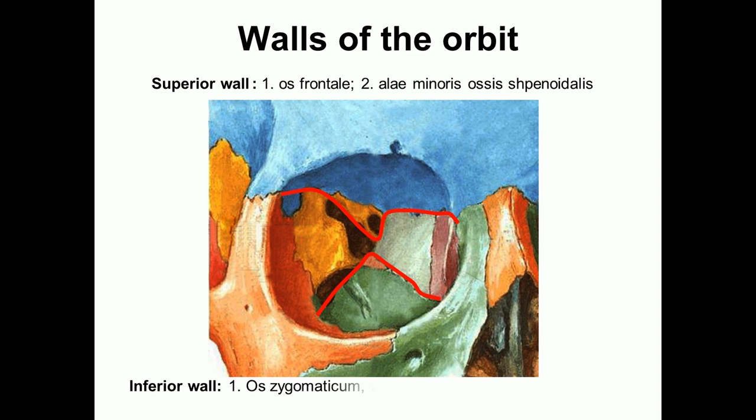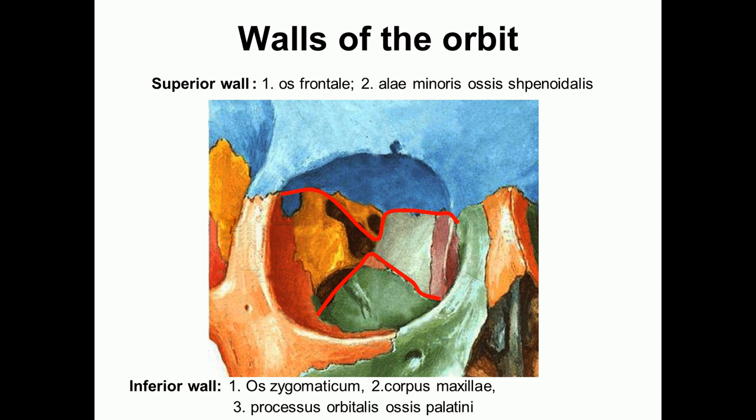So we can find that there are 3 bones which form the inferior wall. First of all, os zygomaticum, then corpus maxillae here of green color, and processus orbitalis ossis palatini.